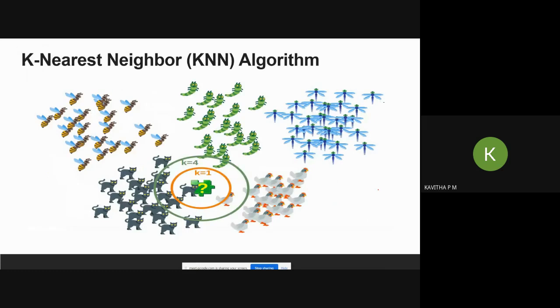This is an example which shows images, and we have around five sets of images: honeybee, larva, fly, cat, and hen. Out of this, we have a green color image, and we need to identify which category of the existing images the new image belongs to.